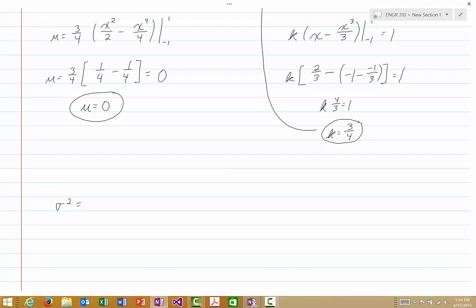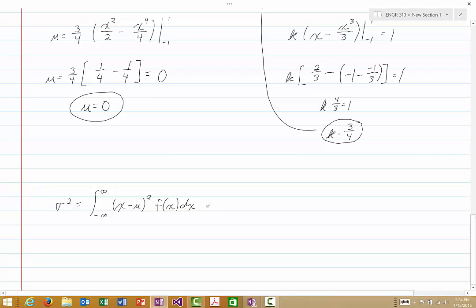So the same is true for calculating the variance. So we get the integral from -infinity to infinity of x minus mu squared f of x dx.